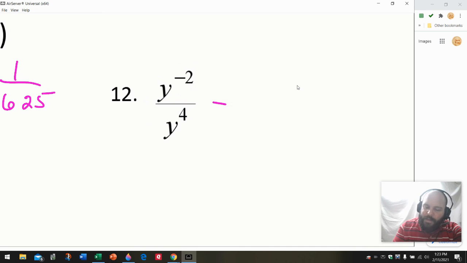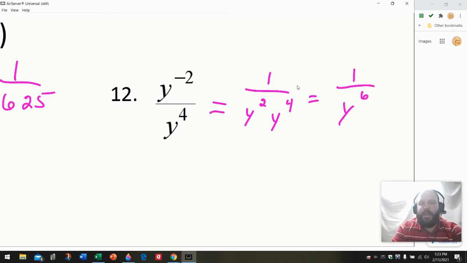And because the whole numerator goes down, you can't just not write anything in the numerator. So you'll leave a 1 up there as a placeholder, and you'll write y to the 2nd and then y to the 4th. Because these two things are the same base and they are multiplying, you can add their powers together and it becomes y to the 6th power.